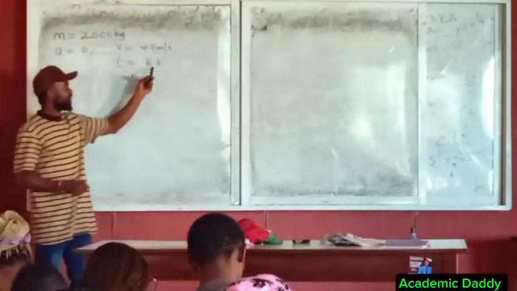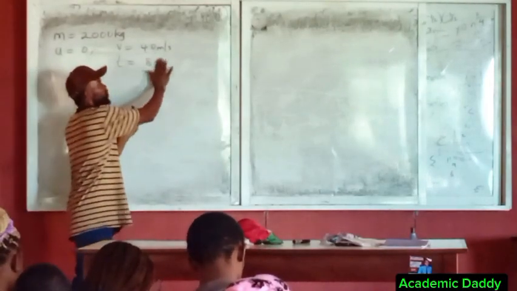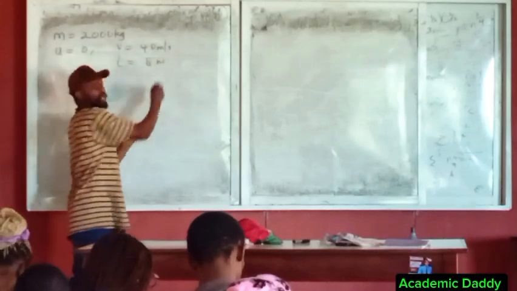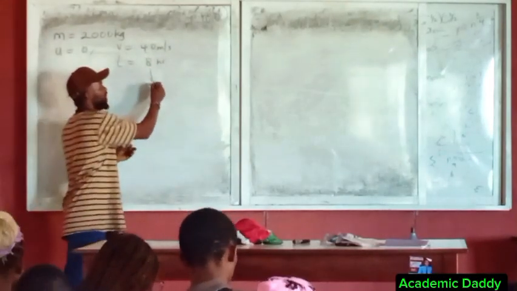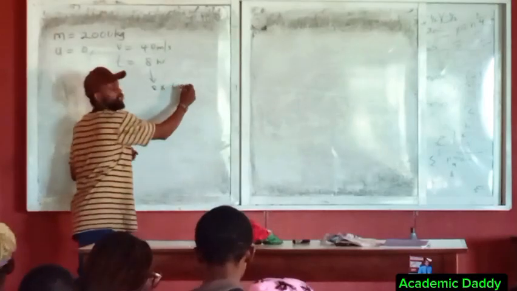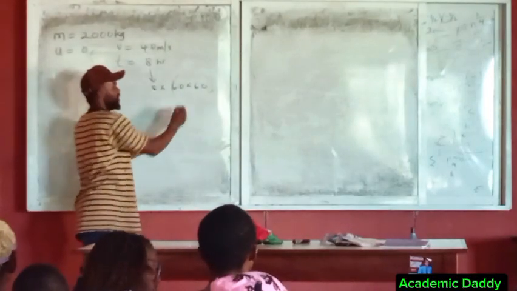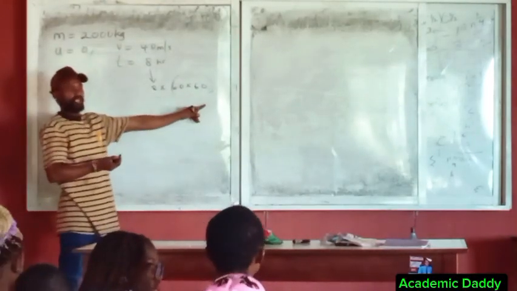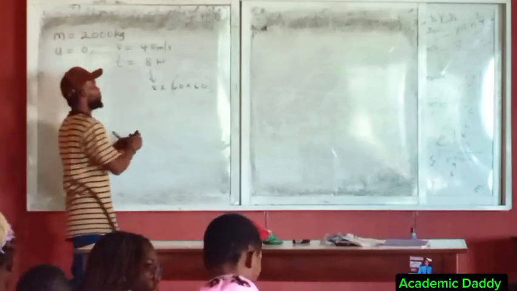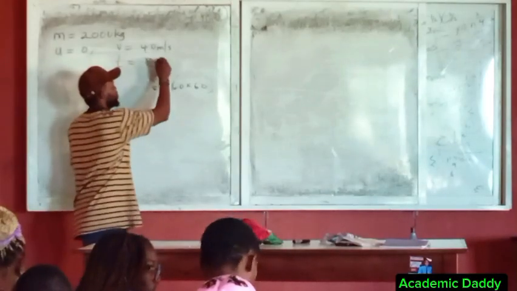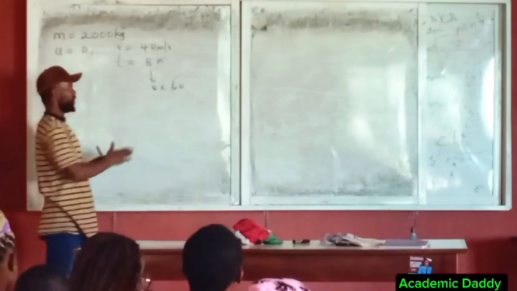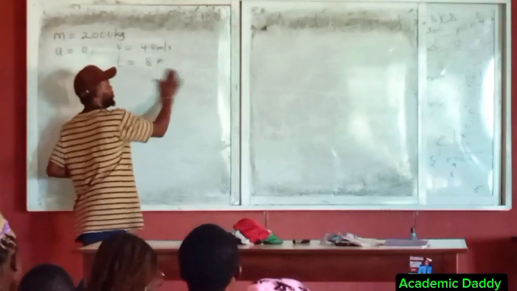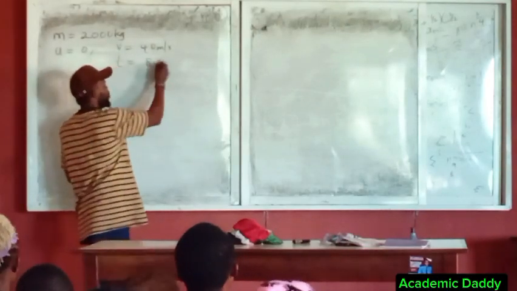Wait, see, assuming they gave us this t, for example, to be in hours, what will I do? I will do 8 times 60 times 60, that is for minutes and for seconds. That is 28,800. What if they gave us this in minutes? I multiply by 60 alone. Why I'm saying it is because some people don't know.